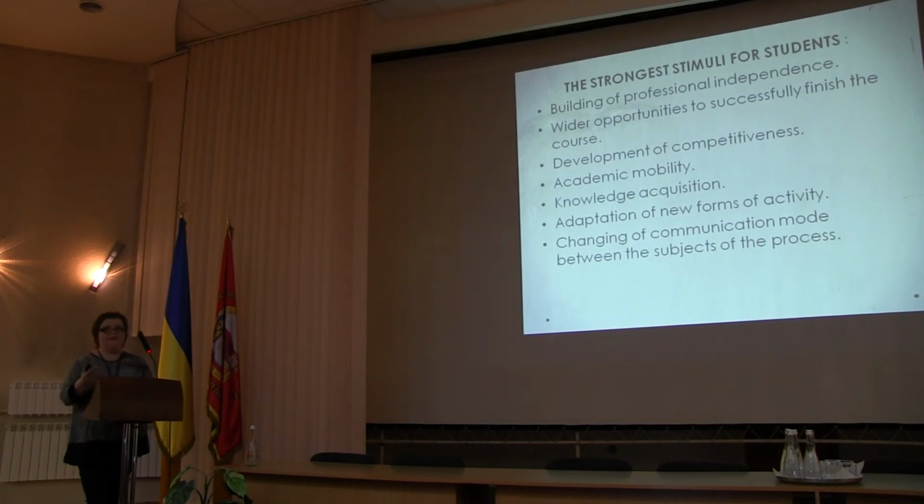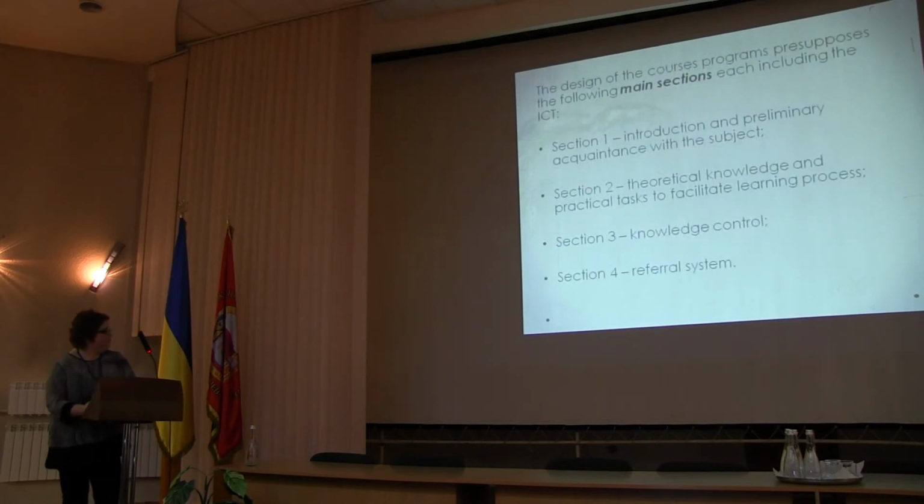The design of both courses was the same. It was section 1, which was pretty much traditional, introduction to preliminary acquaintance, which allowed us to get the students acquainted with the course. Also, the course of corporate social responsibility was an elective one.